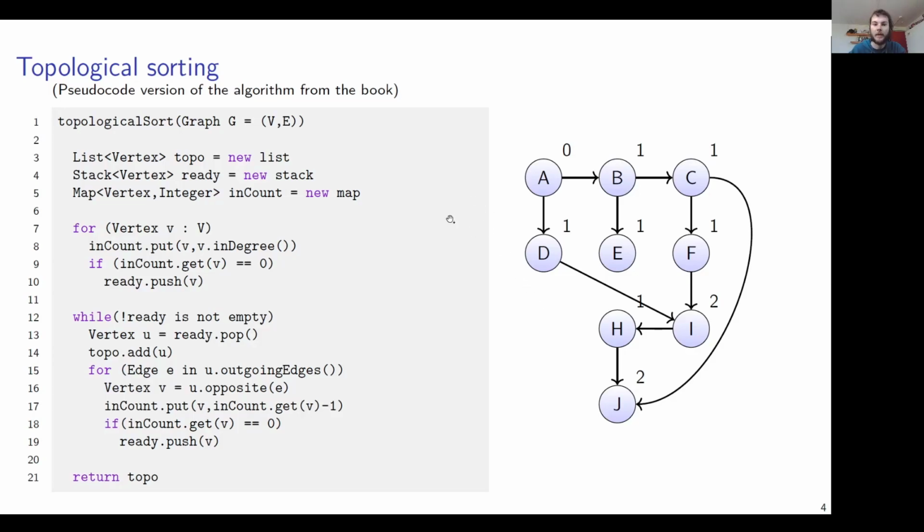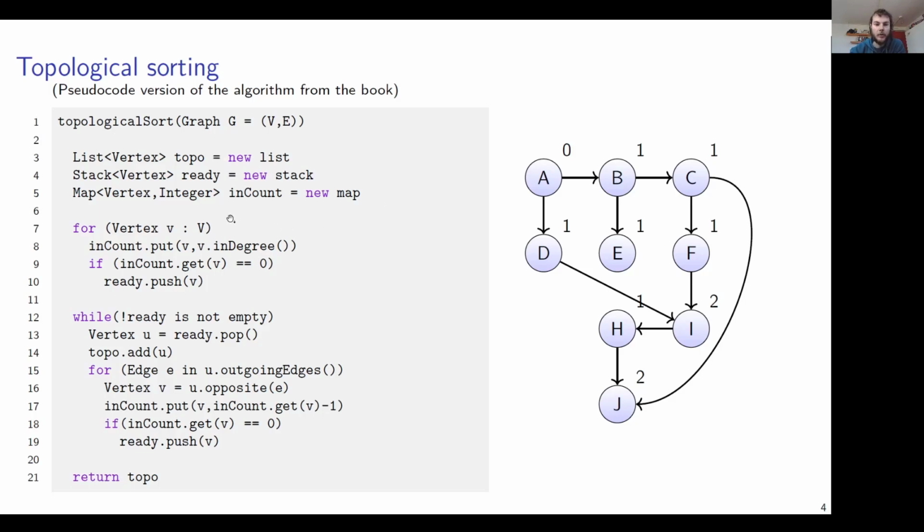So here we see an algorithm to get a topological order using topological sorting. So how does this algorithm work? It consists of a list, which our order will be stored in, and then a stack and a map.